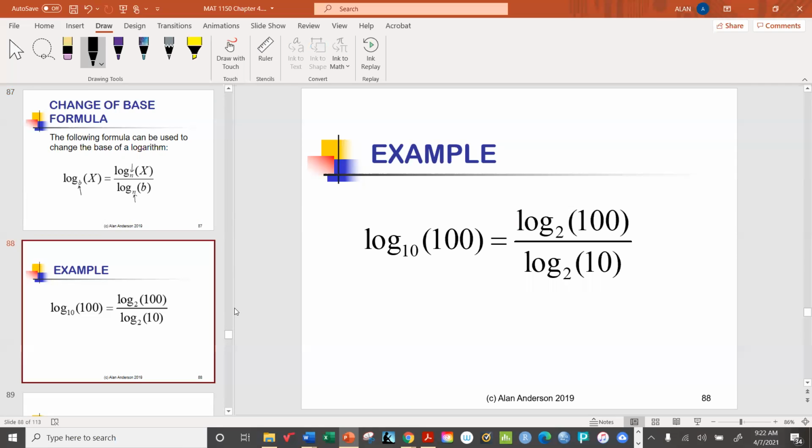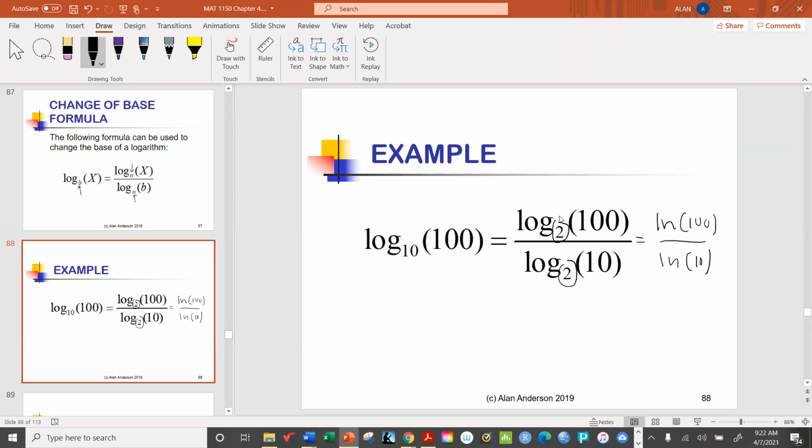If you notice, log base 10 of 100 equals, now here the 2 is completely arbitrary. It can be anything as long as it's the same in the numerator and the denominator. And in fact, you could actually write this as natural log of 100 over natural log of 10.